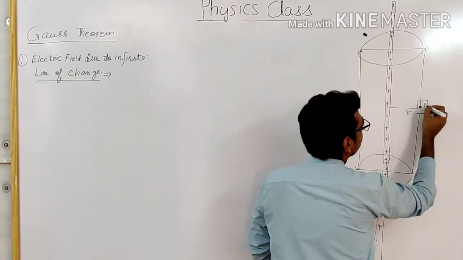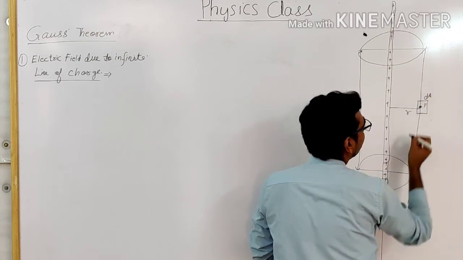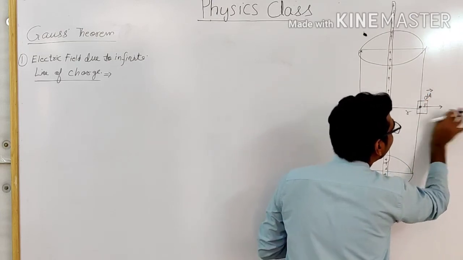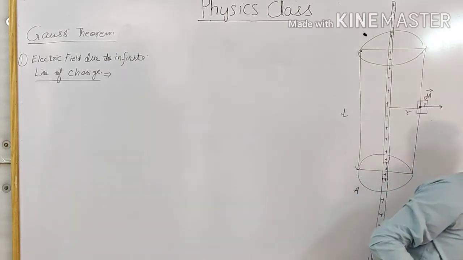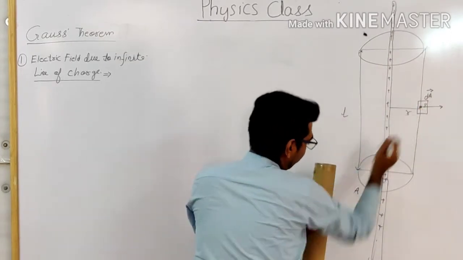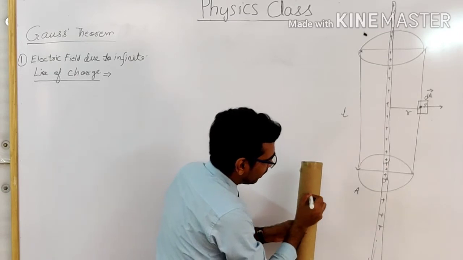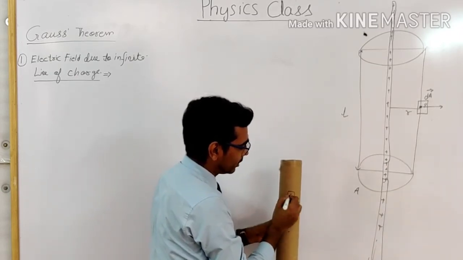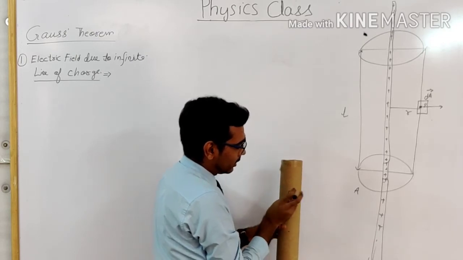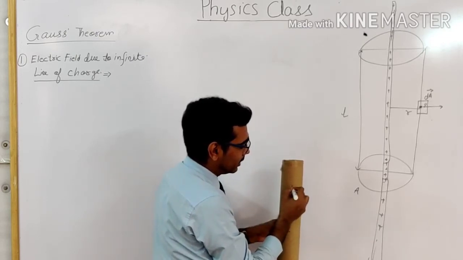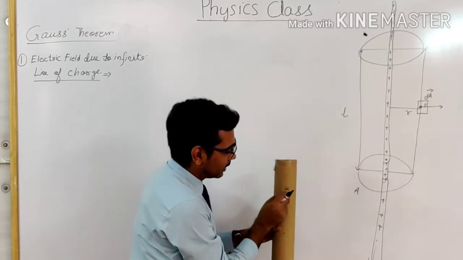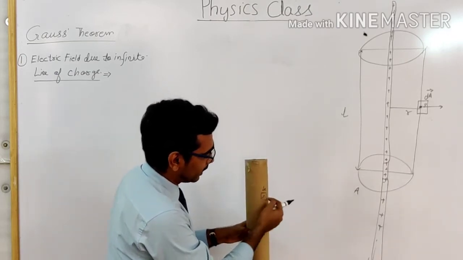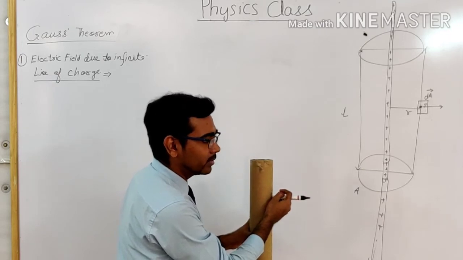Okay, and our point P, let us take from this total surface area a small surface of magnitude dA, and its area vector will be outward. Got it? What I have done is taken a point P on the surface, and surrounding this point P, I have taken a small surface, and let this area element be dA, and the vector will be outward, perpendicular to the surface, always outward.